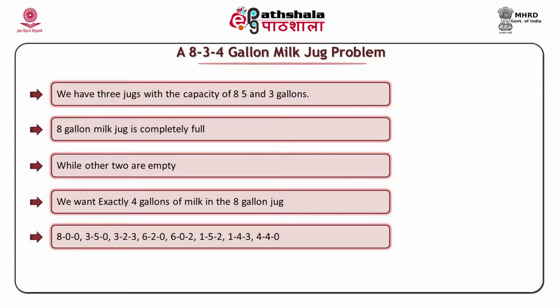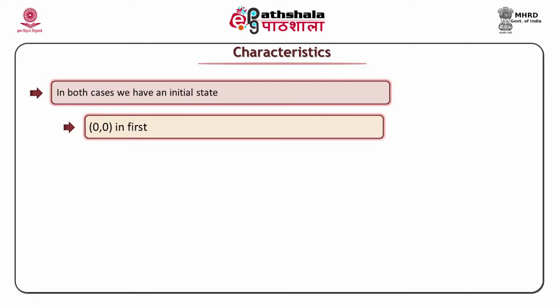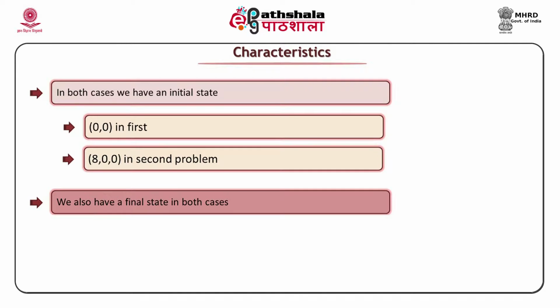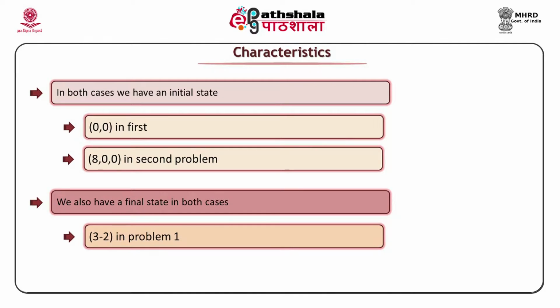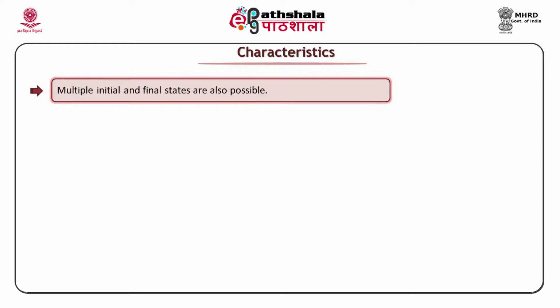In both cases, the 3-4 gallon water jug and the 8-5-3 milk jug problem, we have something called an initial state. In case number 1, we have 0 0, both jugs are empty. In case number 2, 8 0 0, the first milk jug is completely full. We also have a final state. For example, in case number 1 we have 3 2, and in case number 2 we have 4 4 0 as a final state. So it is possible to have multiple initial and final states.